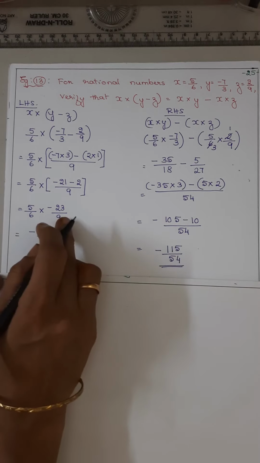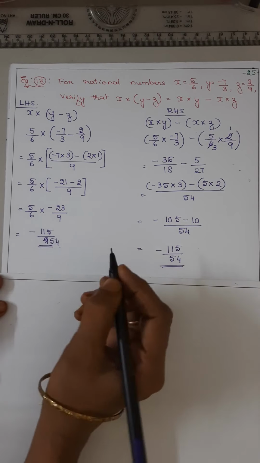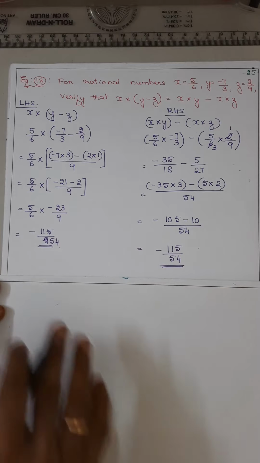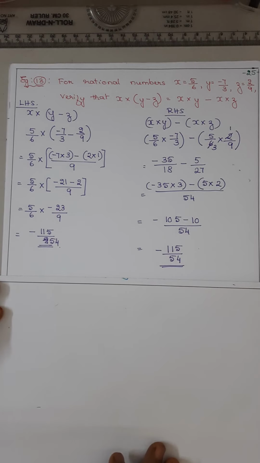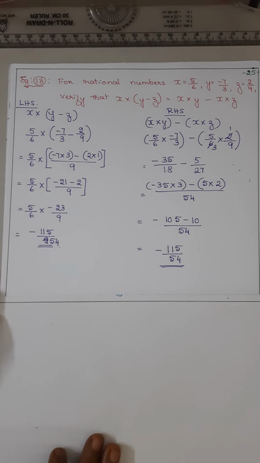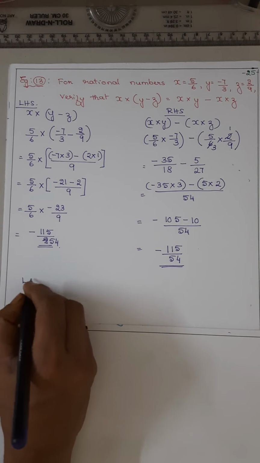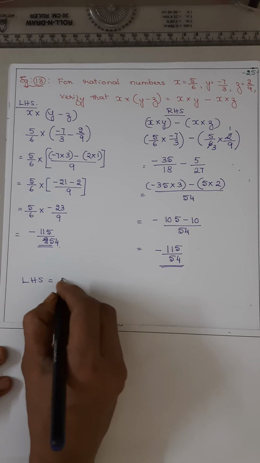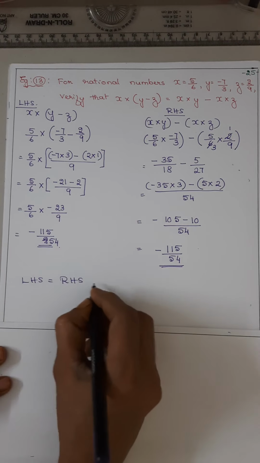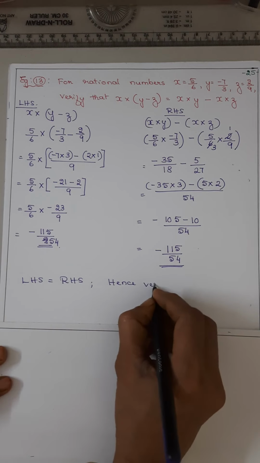Sorry, 6 9s are 54. We got the same answer. So LHS is equal to RHS, hence verified.